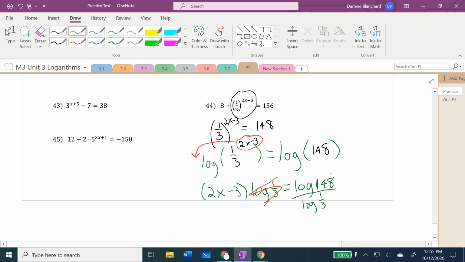And then you will add 3, divide by 2. So make sure that you can do that with your calculator. Everyone practice using your calculator. And you should be getting negative 0.774.